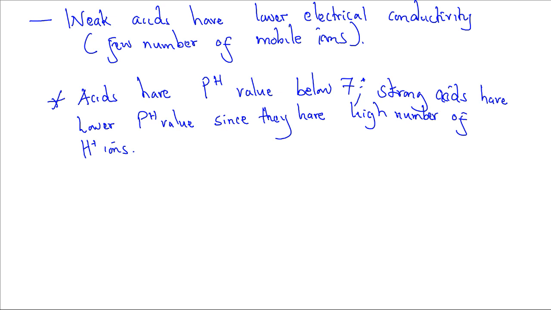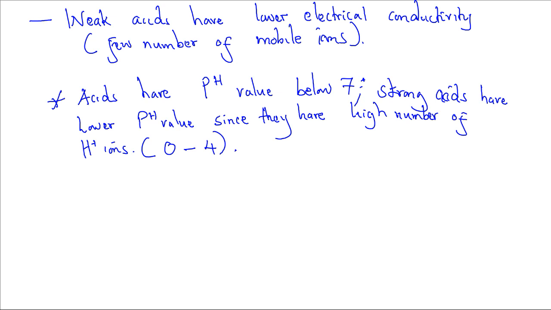From the log concept, we are able to tell that the higher the number of hydrogen ions, the lower the pH value. And that's why strong acids have lower pH value and is normally between 0 and 4.